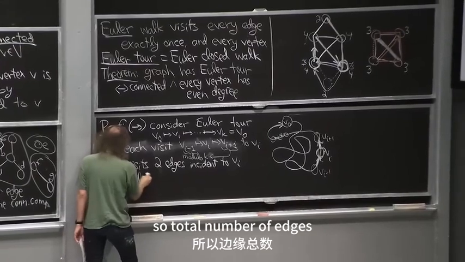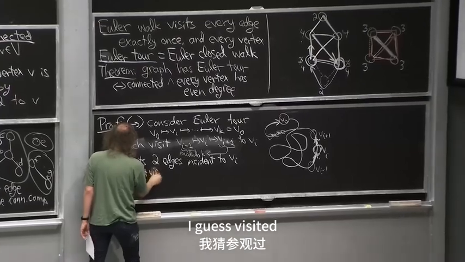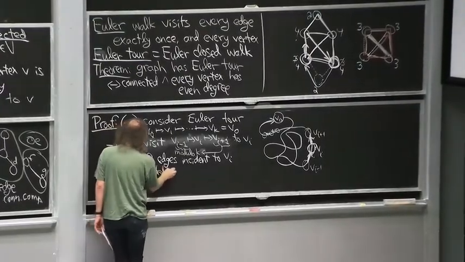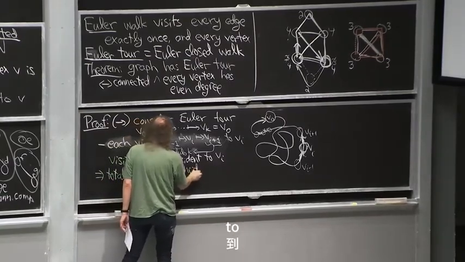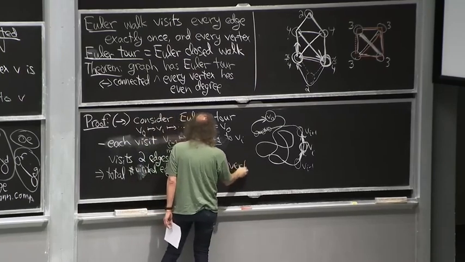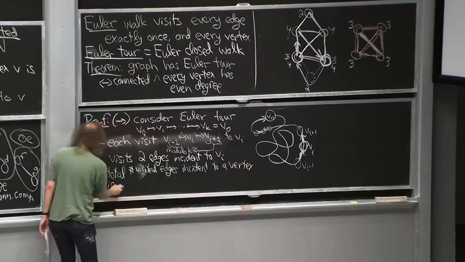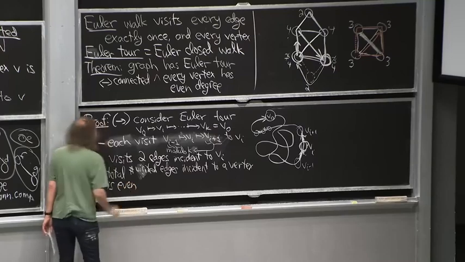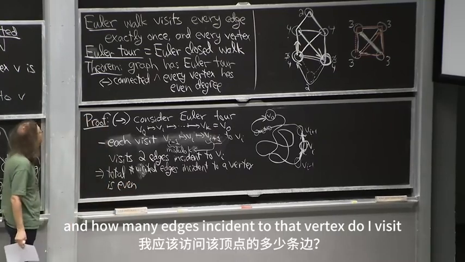So total number of edges visited incident to any vertex must be even. And how many edges incident to that vertex do I visit?